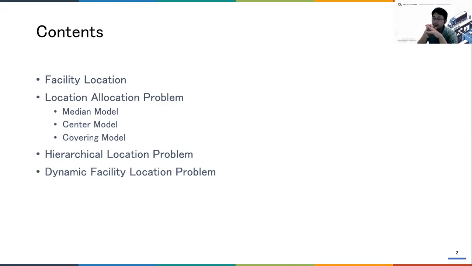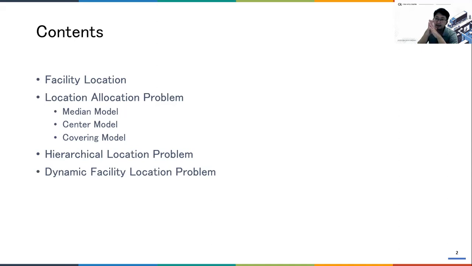If you are doing network design problems, especially optimization for network design, I think that's a very, very good book to start with. And that book covers mostly location allocation problems, which I already put here.